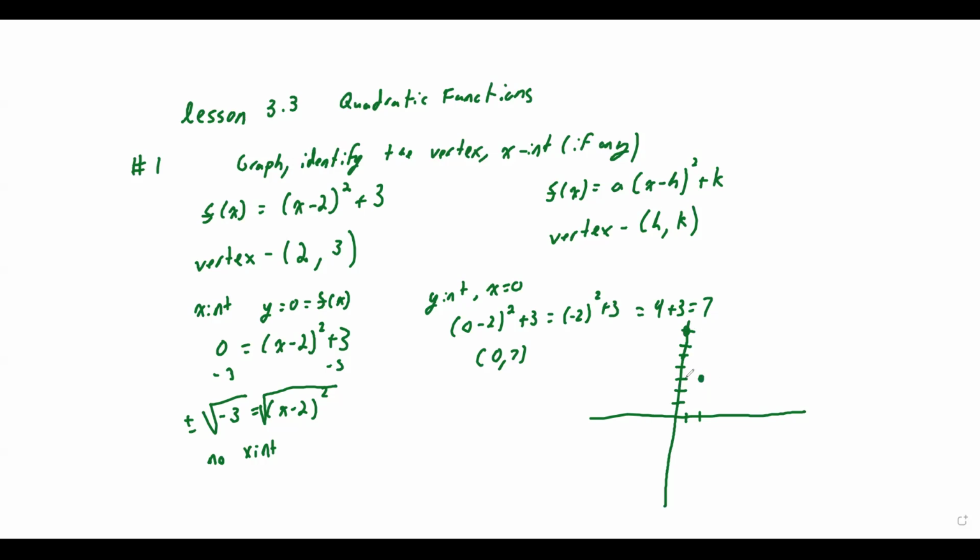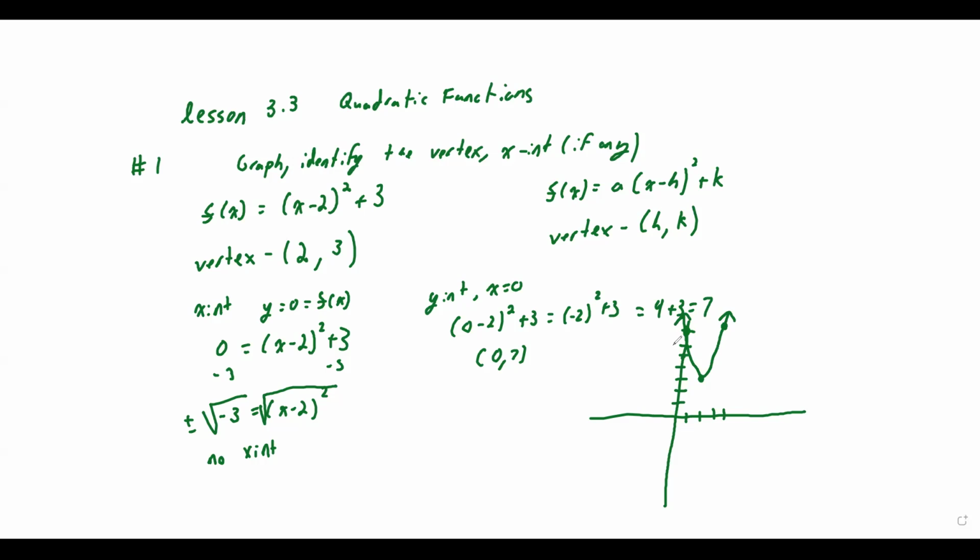So if I go back 2 spaces and then up 1, 2, 3, 4, I can go forward 2 spaces and up 4 to make it symmetrical. So if I go 2 to the left and up 4, I can go 2 to the right and up 4 as well. And that would be an exact matching point, giving you a symmetrical quadratic.